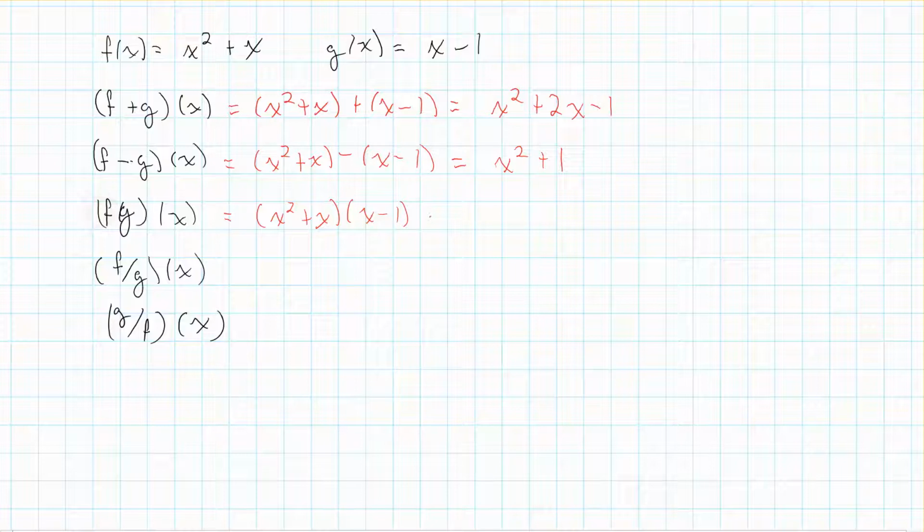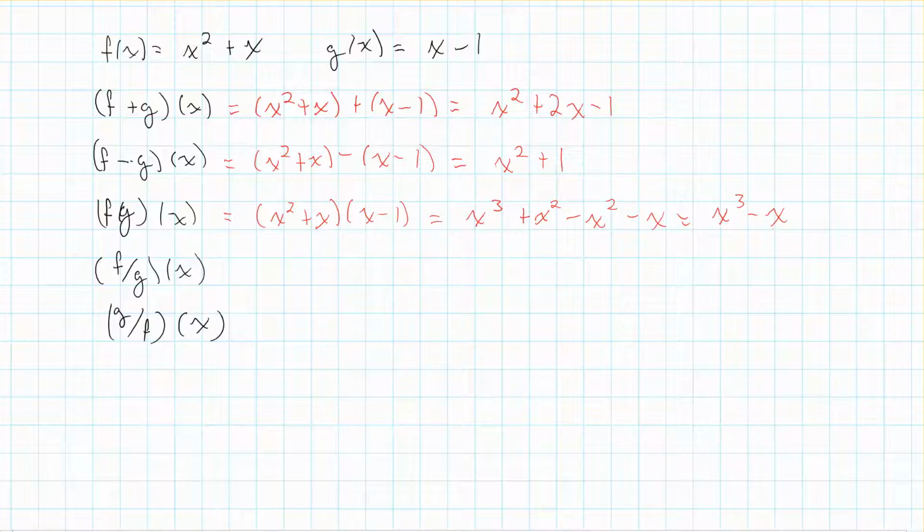Then we'd just FOIL this out, and we'd get x cubed plus x squared minus x squared minus x, and then we simply combine like terms, and we'd wind up with x cubed minus x.